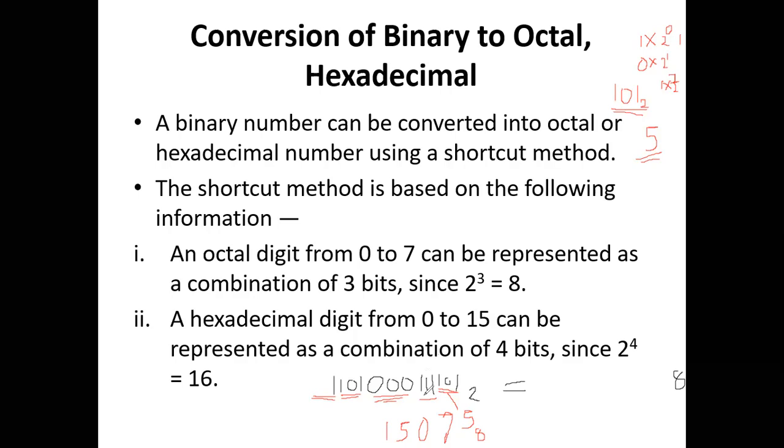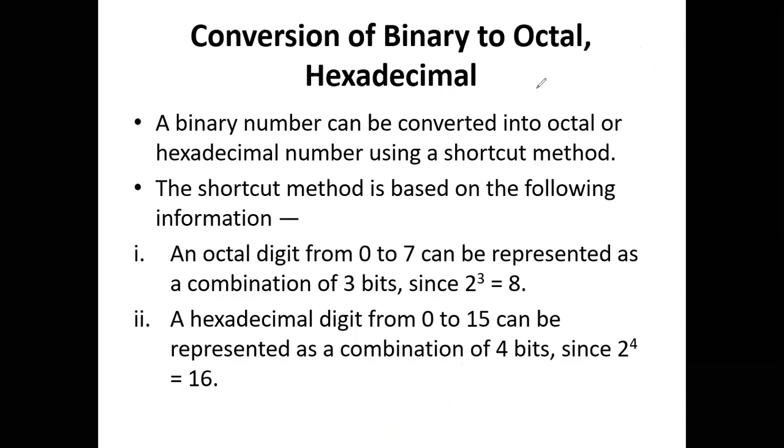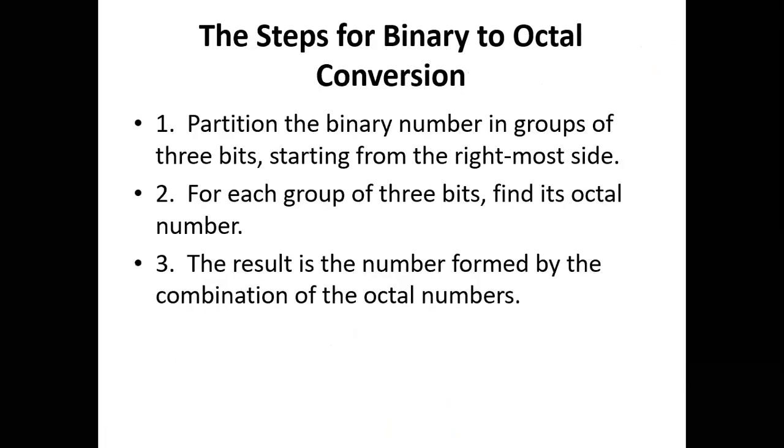So we've done that. I've converted the number from base 2 to base 8. I hope that makes sense. So these are the steps we're talking about. Partition the binary number in groups of 3 bits, starting from the rightmost, going to the left.